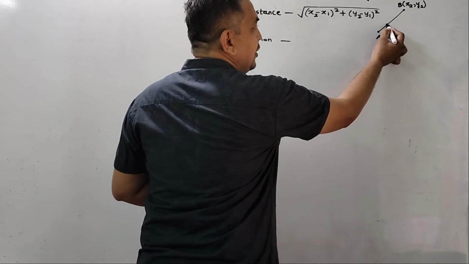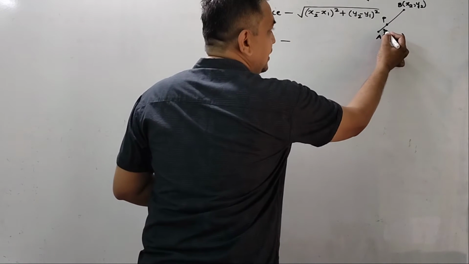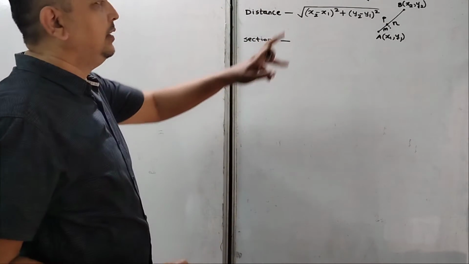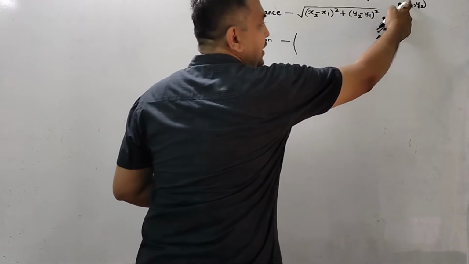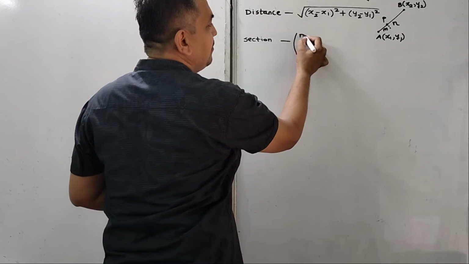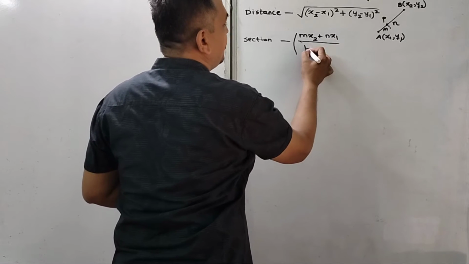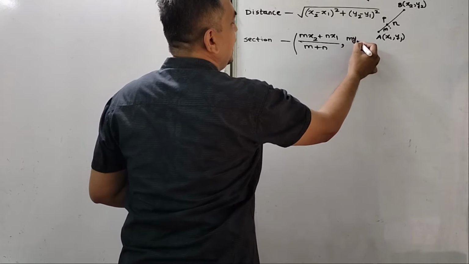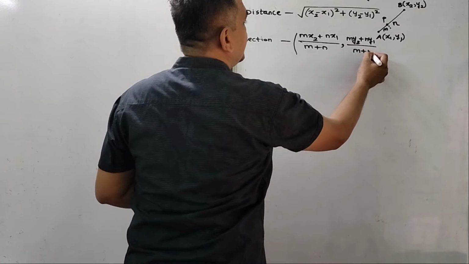If there is some point P which divides AB internally in the ratio m is to n, then this point will be given by, what is the x coordinate? m into x2. इधर वाला रेशियो का पार्ट मल्टीप्लाई बाय दैट कोऑर्डिनेट, so we get (m x2 plus n x1) upon (m plus n), and similarly for y coordinate (m y2 plus n y1) upon (m plus n).